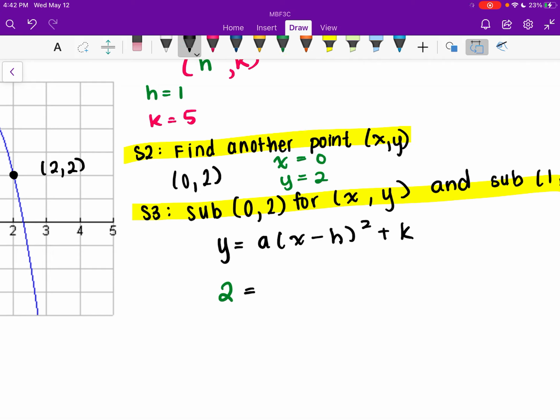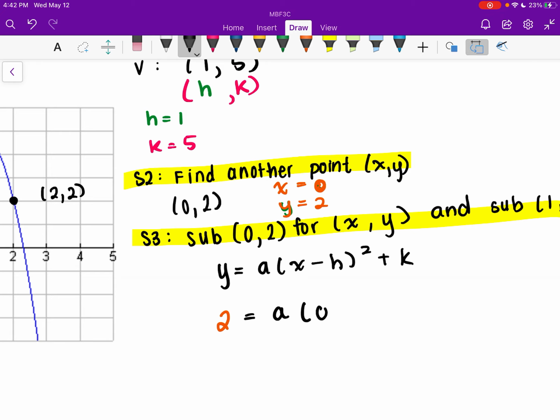Y I know is 2. And I'm going to put these in different colors so that you see where they're all coming from. So maybe we'll put these in this orange color. So y is equal to 2. It came from one of the points. We don't know what a is. x is equal to 0.